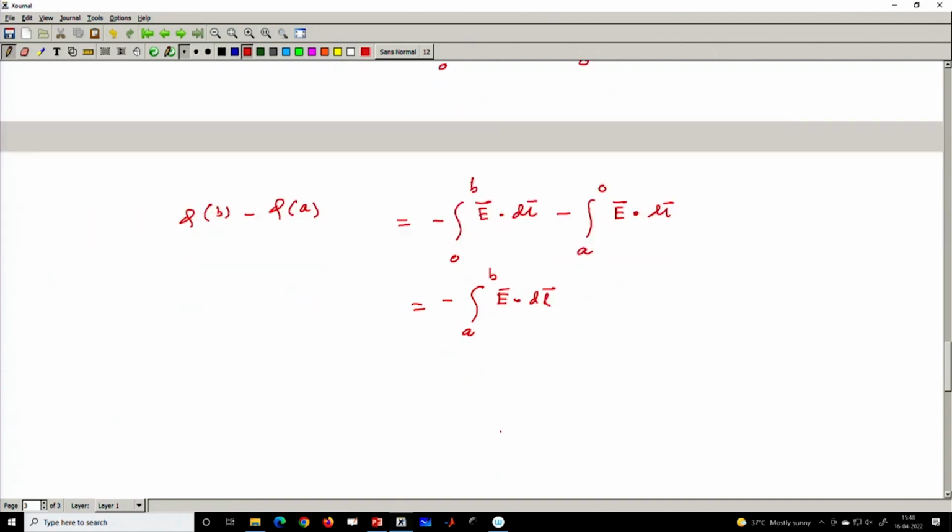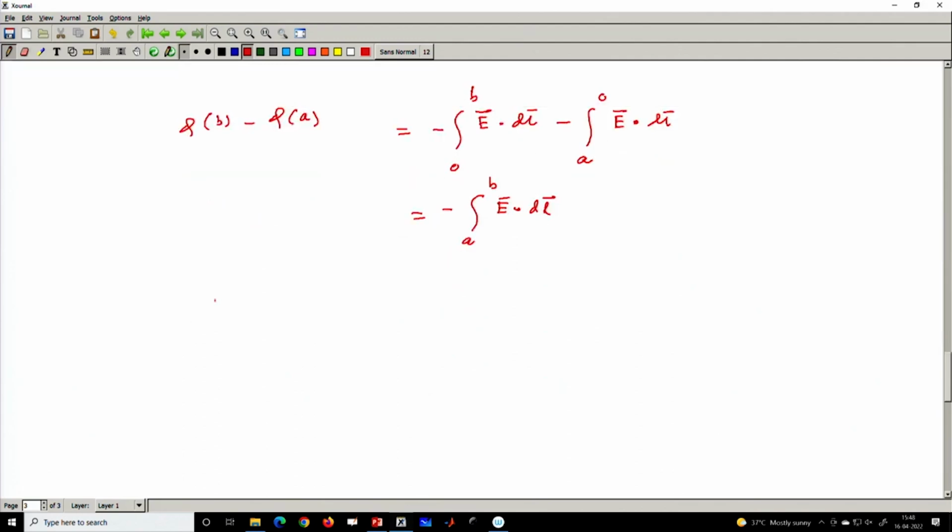After making this integration, I can write phi b minus phi a, because I am getting this as a result of the integration.